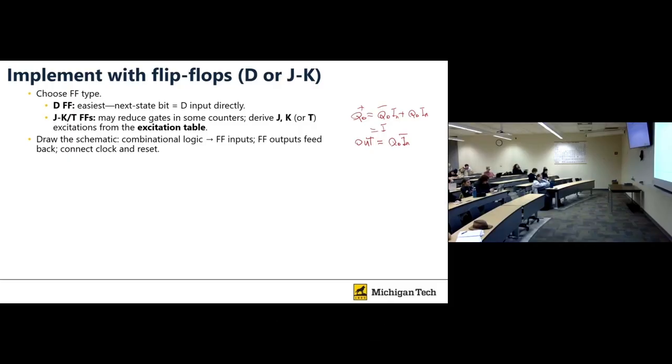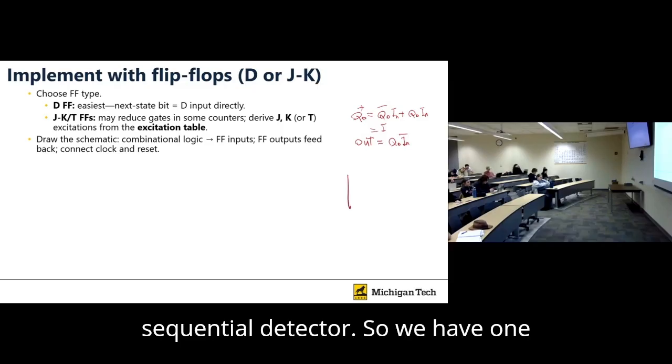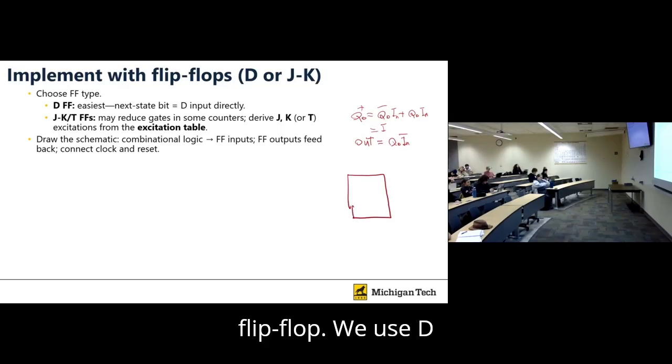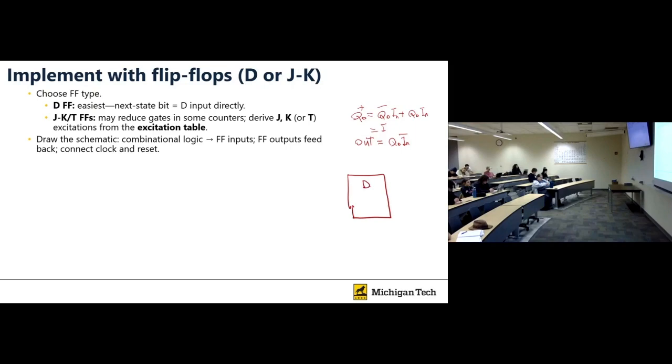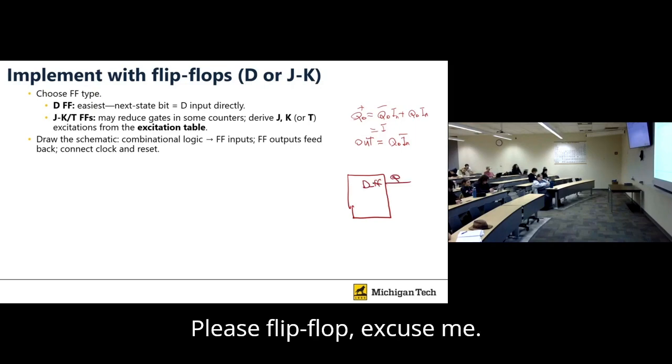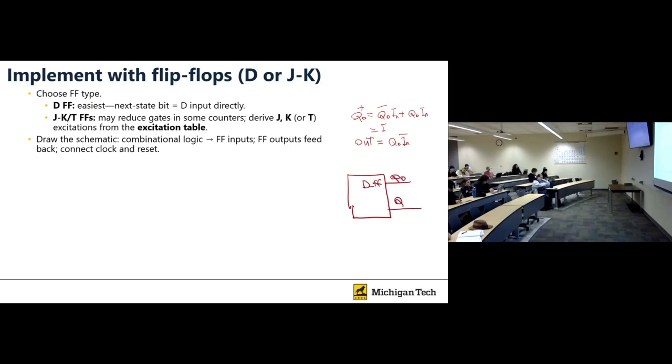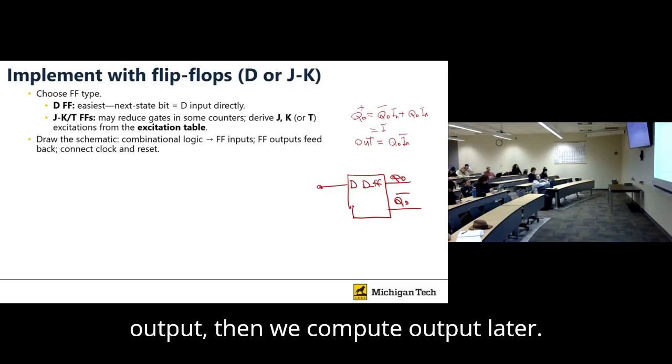Let's do it first for the sequential detector. We have one flip-flop. We use a D flip-flop first; we can make it with JK too. This is Q0, Q0 bar, and this is D. Okay, so the output, can we compute the output later?